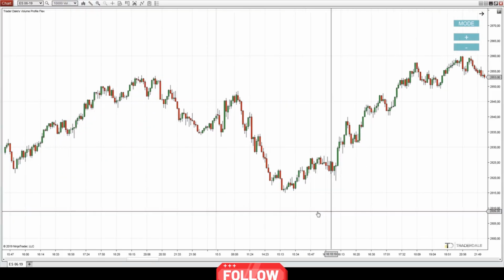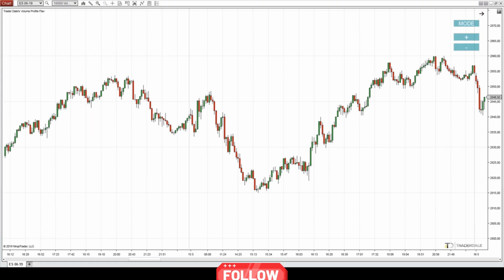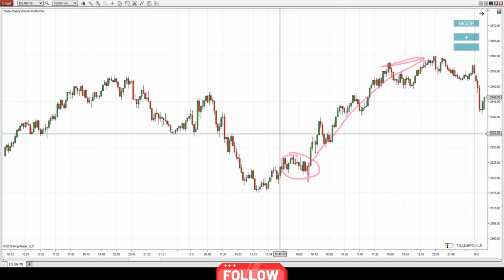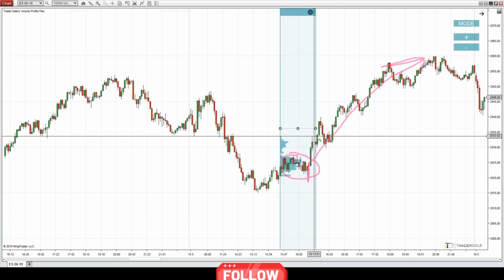The next volume accumulation setup, which I see here, is this one. This rotation, nice rejection of lower prices, which is a confirmation of the buyers. Afterwards, strong buying activity. So let's have a look at the volumes within the rotation.